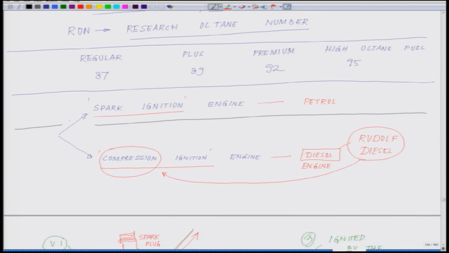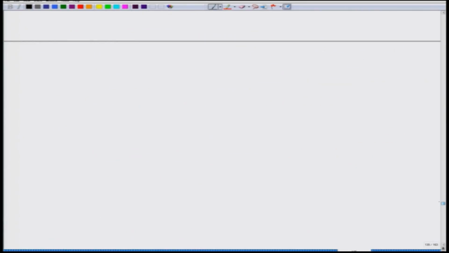Okay. Now, what about the compression ignition? Once we finish the compression ignition, then we will talk about the octane number. Okay. So, compression ignition is slightly different. It works in a different way. In compression ignition, what happens?